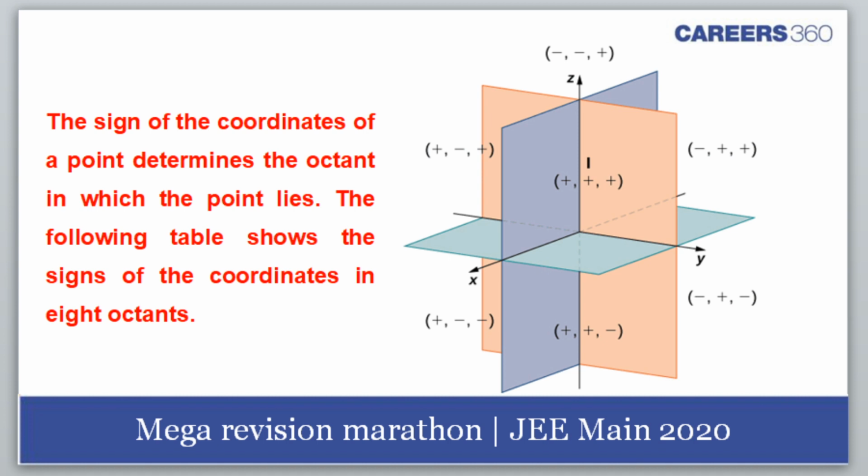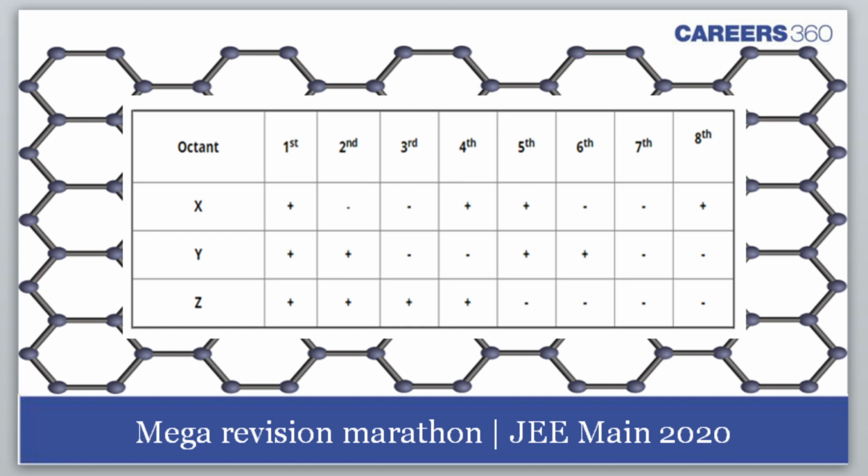So these are the octants, as if it's a 2-floor story building in which at each floor there are 4 rooms. So this is a representation of octant. We have 8 octants, and these are the sign conventions in every octant.